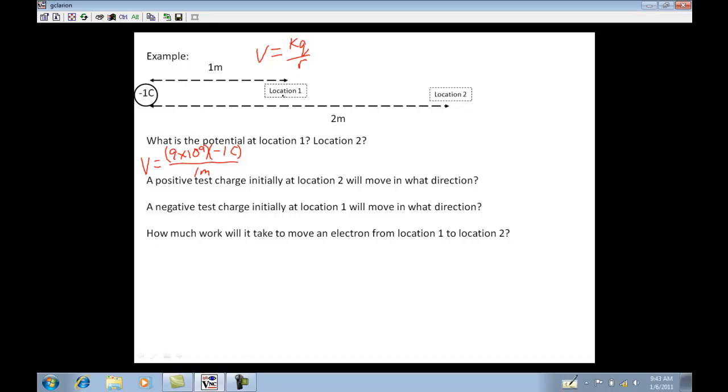So at location 1, the potential is what value? Good. It's equal to negative 9 times 10 to the ninth volts.